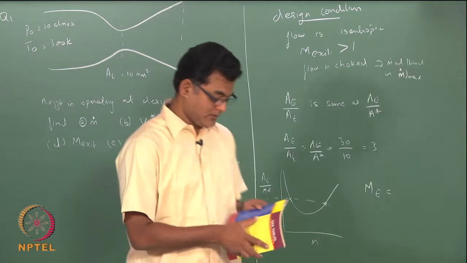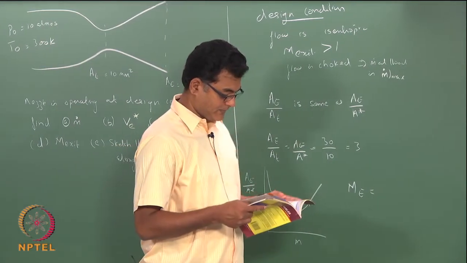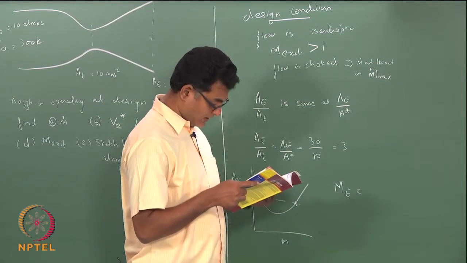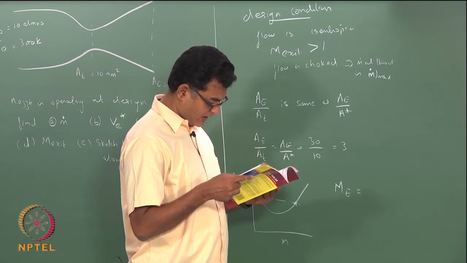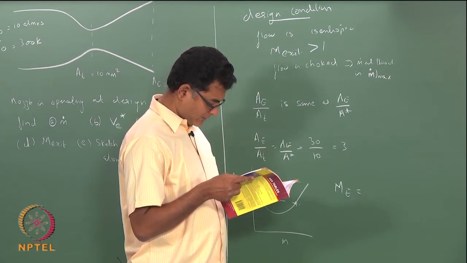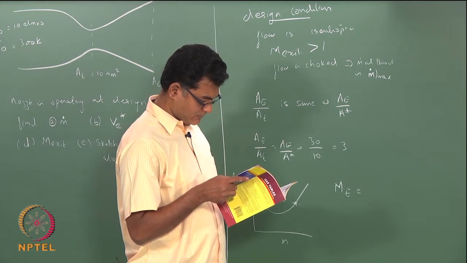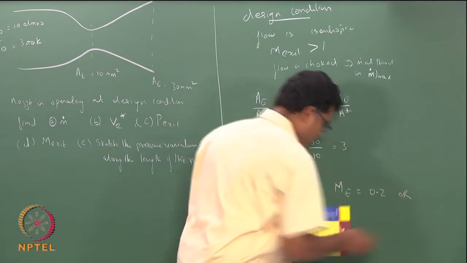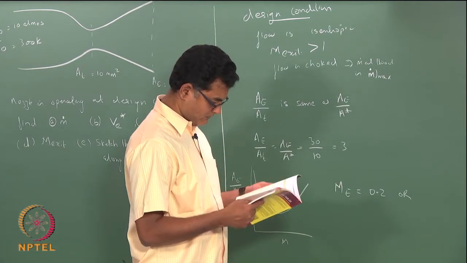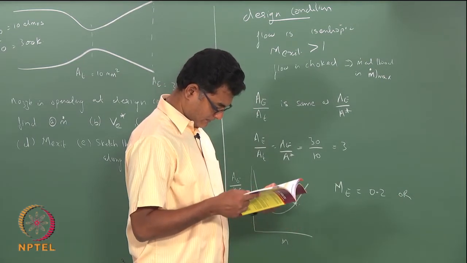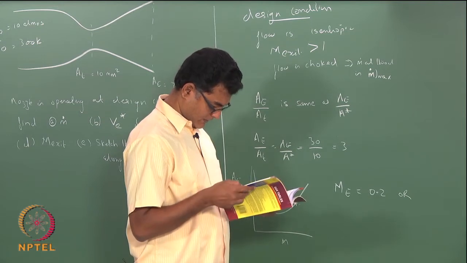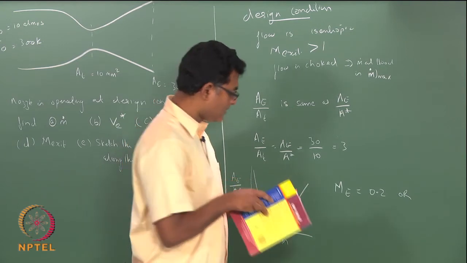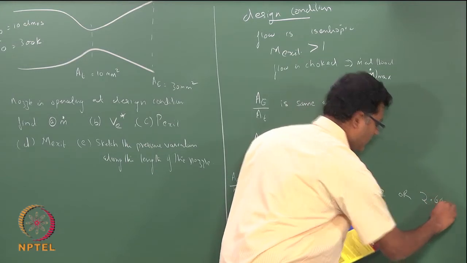So, I take this table, look for gamma equals 1.4, A by A star is 3. So, I look for A by A star is 3, which is going to be around 0.2 or 2.64.